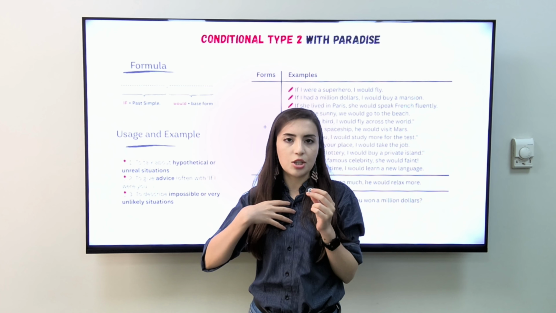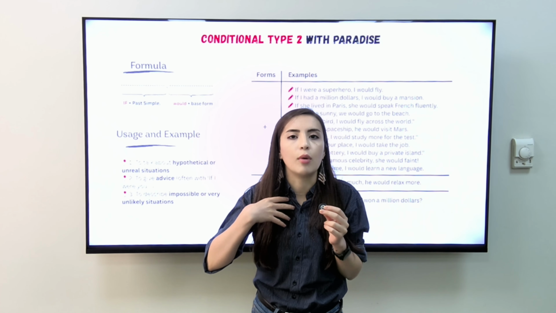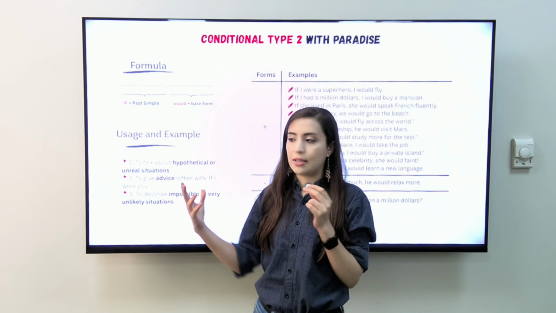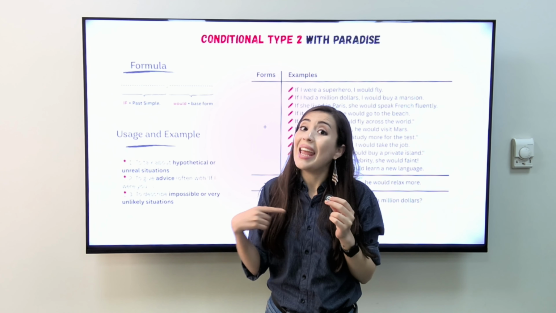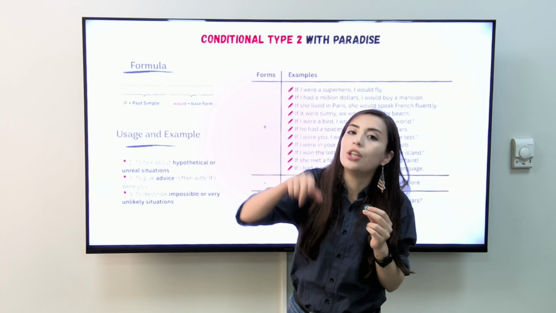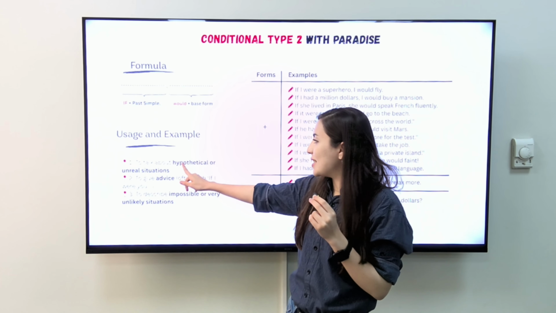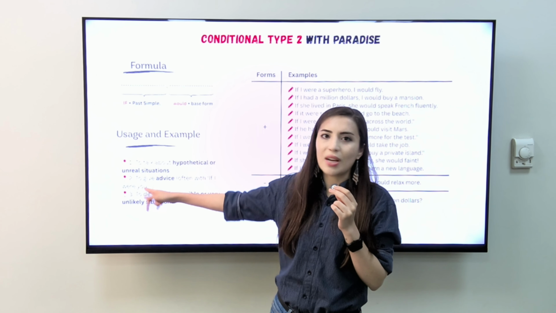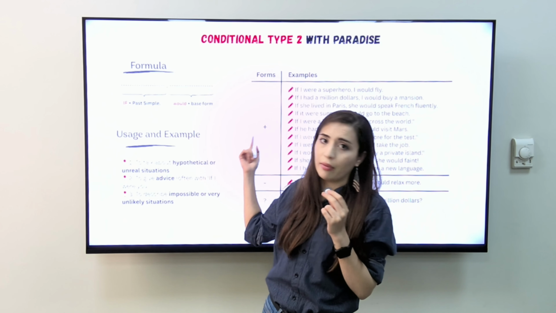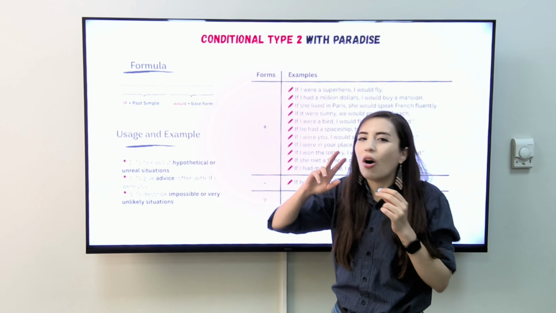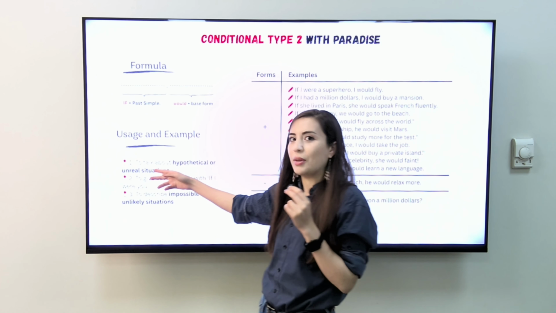I am not in your situation, and I am not the one who is responsible for this situation and the decision to make. But if I were you, again, this is hypothetical. This is unreal. I'm not in your shoes, but I'm saying if I were. You see, there are some overlaps between these two.